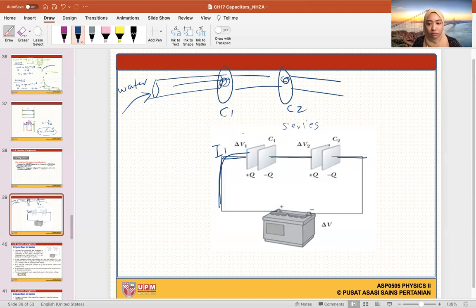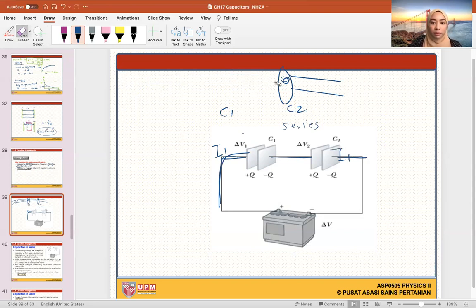Okay, so that is what it means to be in series. So if there is current flowing through C1 and that current is called I1, C2 will also meet I1. Okay, so that is series. Okay, so that is current. Kalau current, dia akan jumpa orang yang sama.